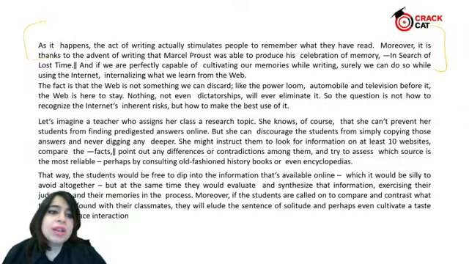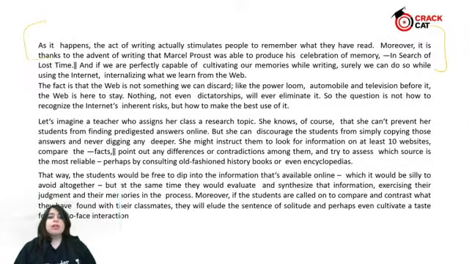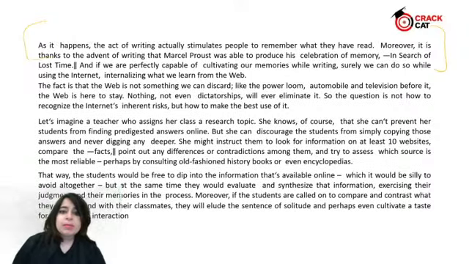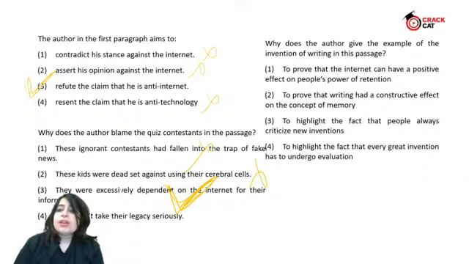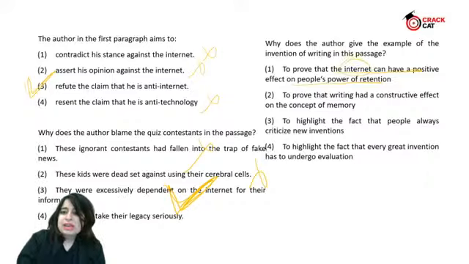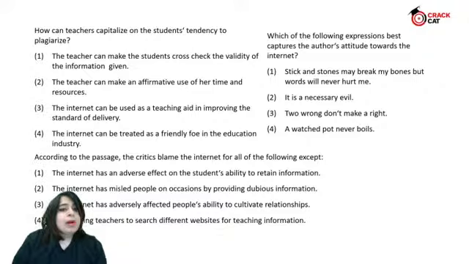Moreover, it is thanks to the advent of writing that Proust was able to produce a celebration of memory. That writing helps you to remember. So, to prove that internet can have a positive effect on people's power of retention, no. To prove that writing had a constructive effect on the concept of memory. Yes, this is what was being talked about.